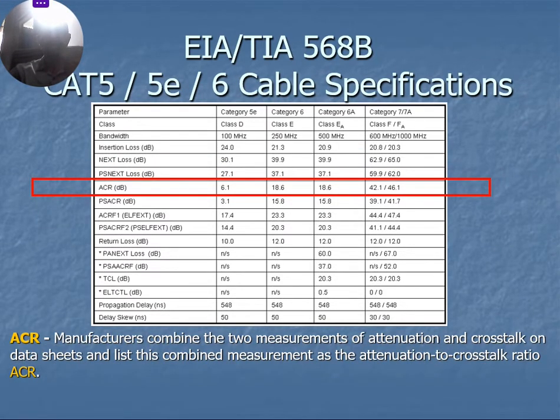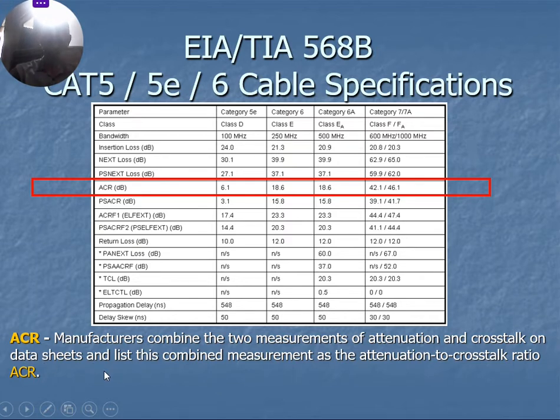Then we go to another parameter that we use in the specification of these different categories of cables. Another parameter that is used is the ACR, the attenuation to crosstalk ratio. Manufacturers combine these two measurements of attenuation and crosstalk on a data sheet and list this combined measurement as attenuation to crosstalk ratio.